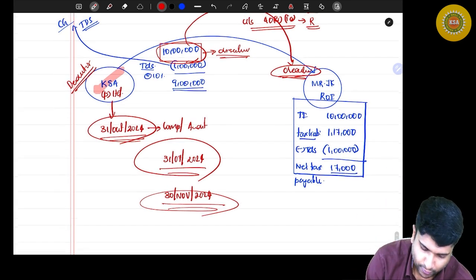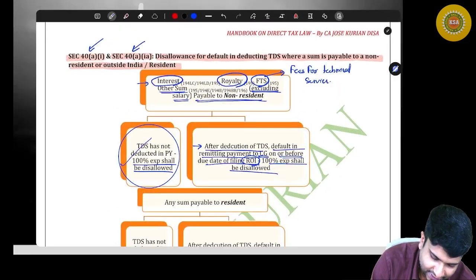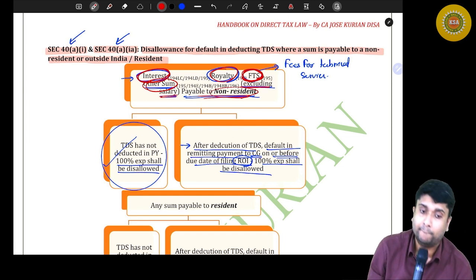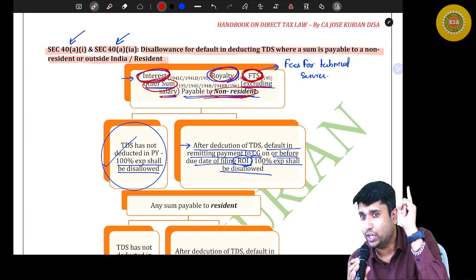Okay. Moving on with the next one, friends. Can you read this chart again? I want all of you to read this along with me. Interest, royalty, fees for technical services, other sum, excluding salary, payable to a non-resident. That means your payee should be non-resident.